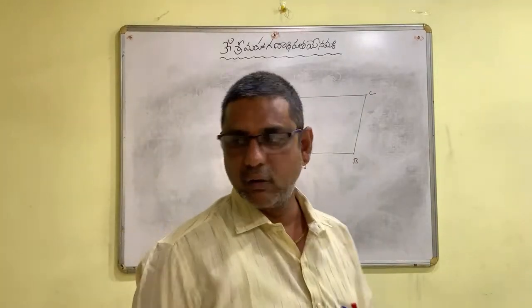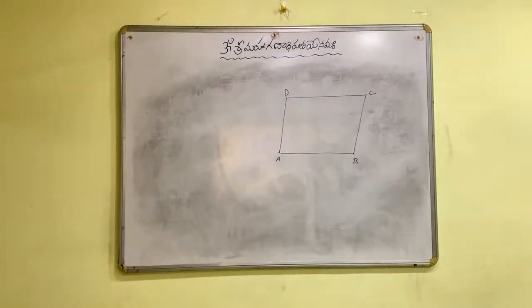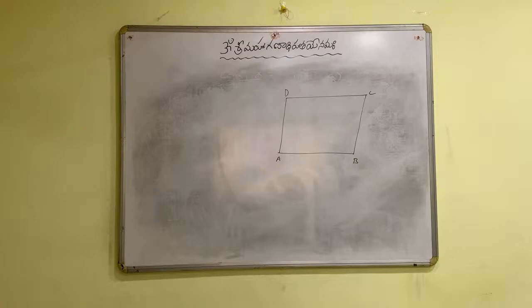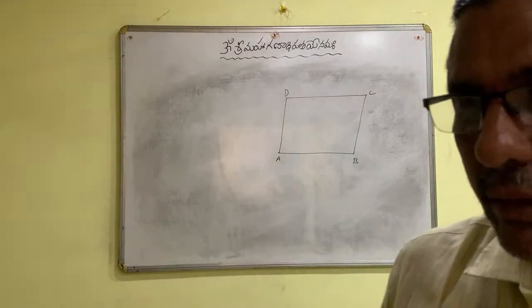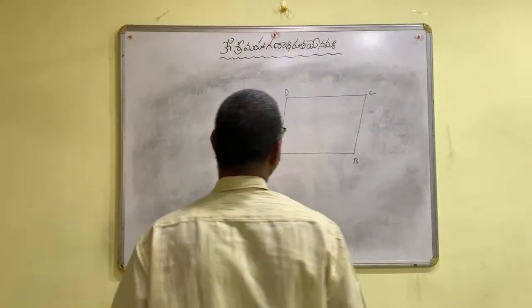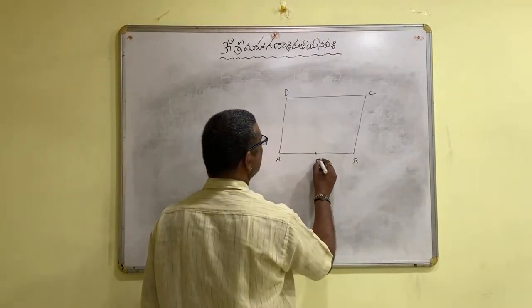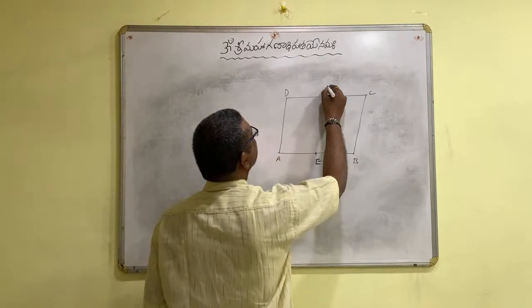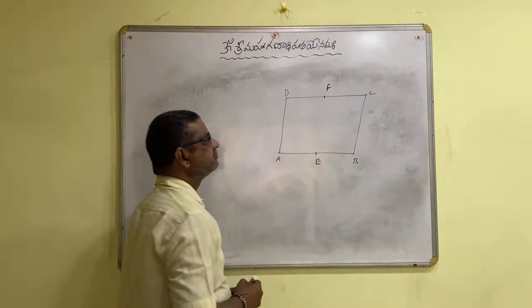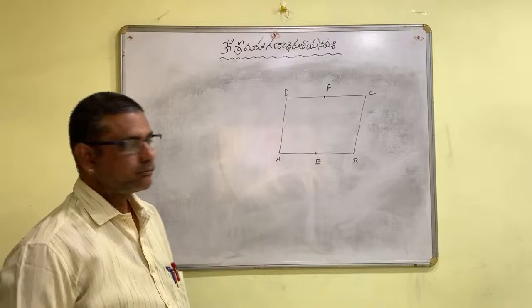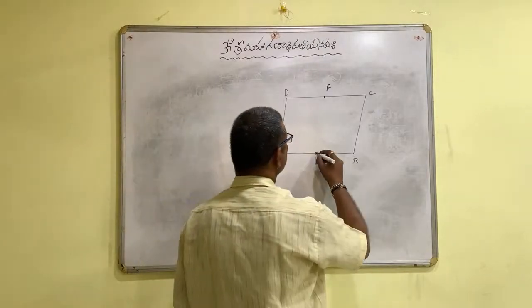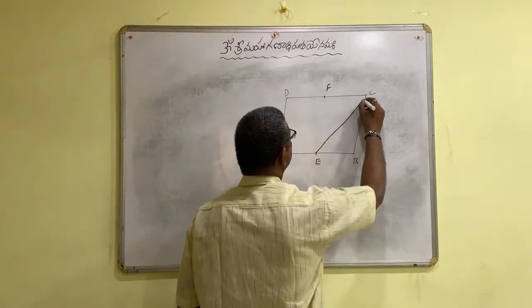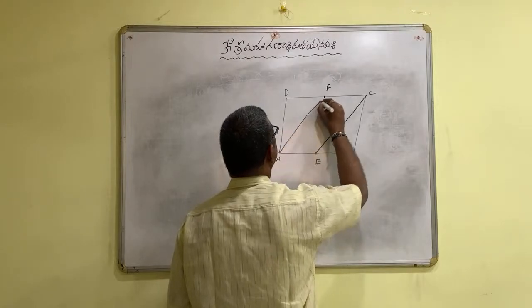ABCD is a parallelogram. E is the midpoint of AB. F is the midpoint of DC. CE, AF are joined.